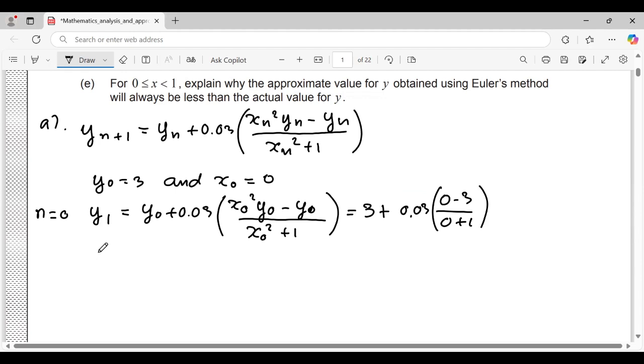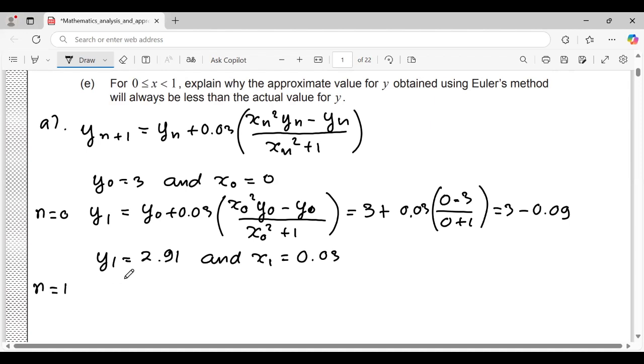And the result is y1 is, this is minus, so sorry, 3 minus 0.09. So y1 equal 2.91 and x1 equals 0 plus 0.03.